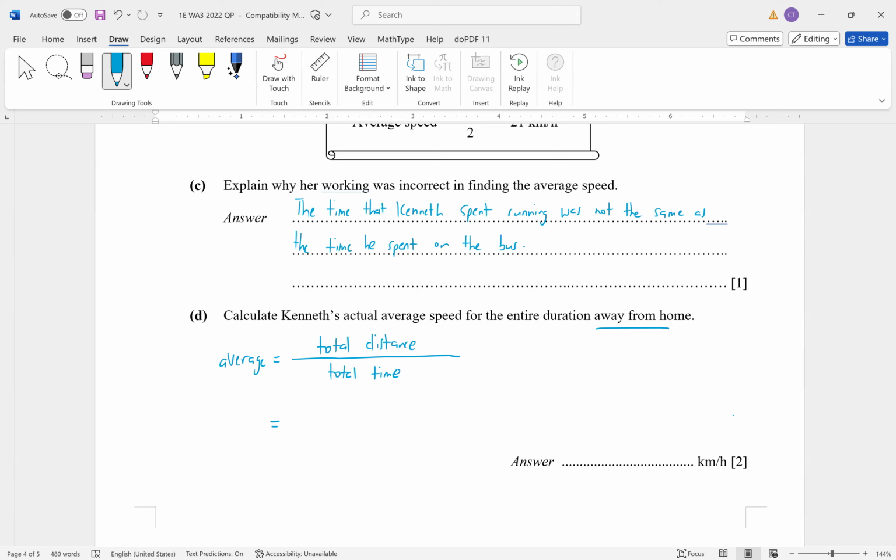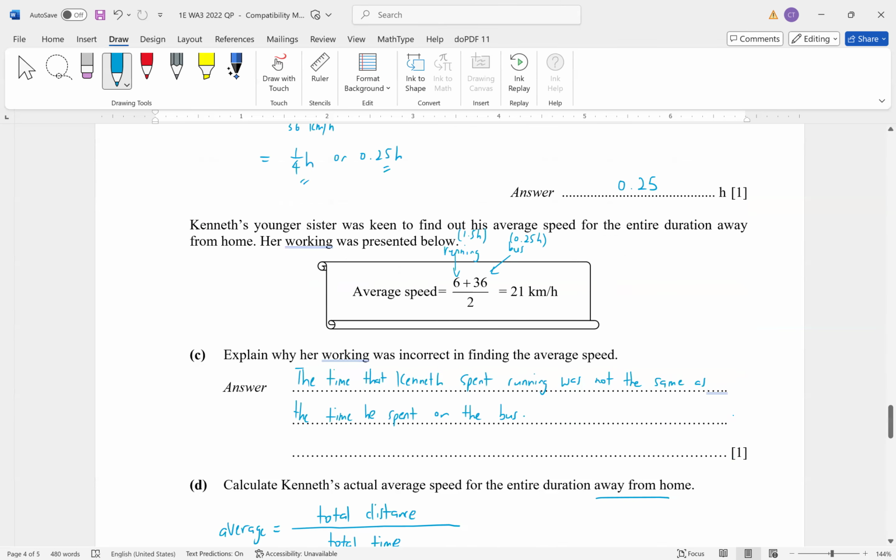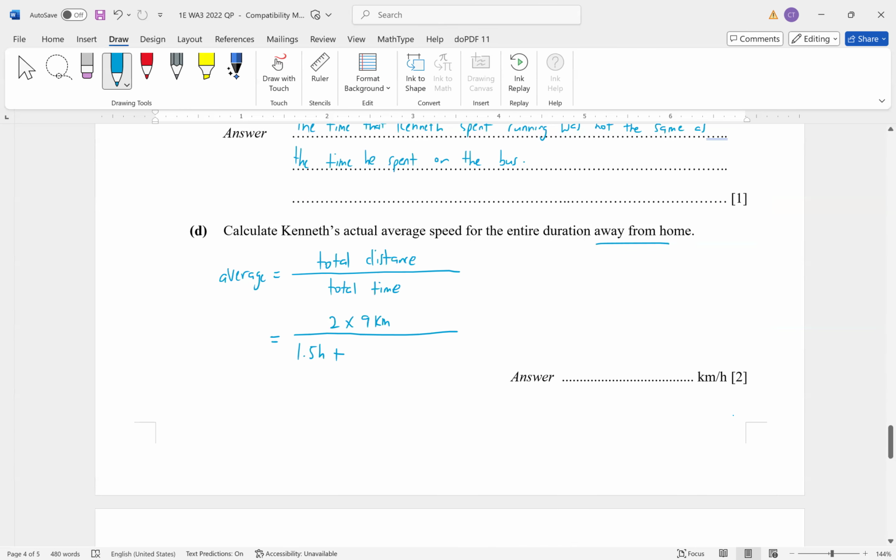The total distance will be 2 times 9 km: 9 km to the estate and then 9 km back home. And the time taken for jogging is 1.5 hours. While he was eating, he spent half an hour eating, right? So we will add 0.5 hours to the time. All right, then finally the time that he was on the bus, 0.25.